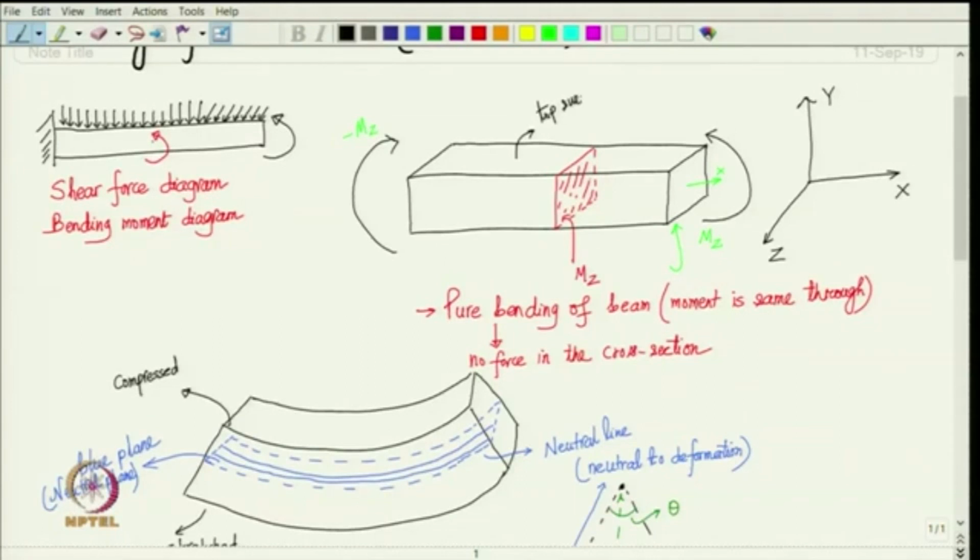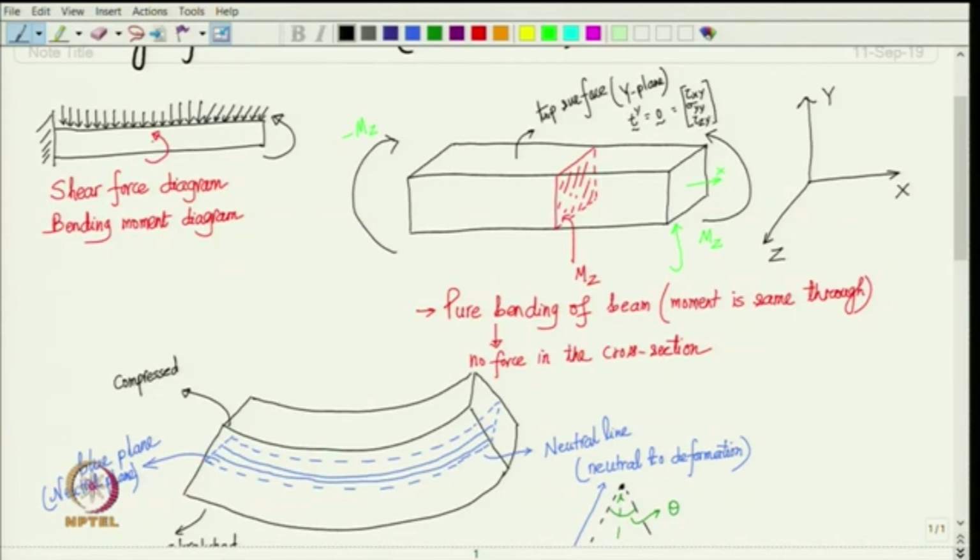You see, the top surface is the y plane. So, the traction on the y plane is 0, right, because we are not applying anything. And what are the various components of traction on the y plane? If you recall, we have tau x y, sigma y y and tau z y, right.